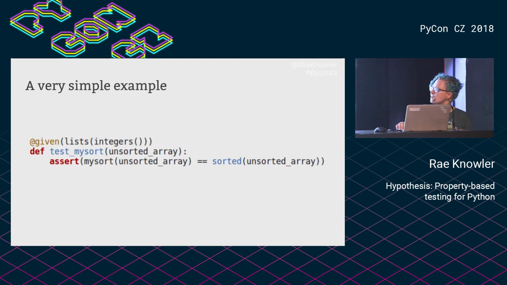The given decorator is a function that takes strategies, so functions that will return a particular kind of data. And so lists here is a strategy function that's built in to Hypothesis, and so is integers. And all I'm saying here is, please give me lists of integers. So I run this, and it comes up with 12, 42, minus 73, whatever, up to 100.